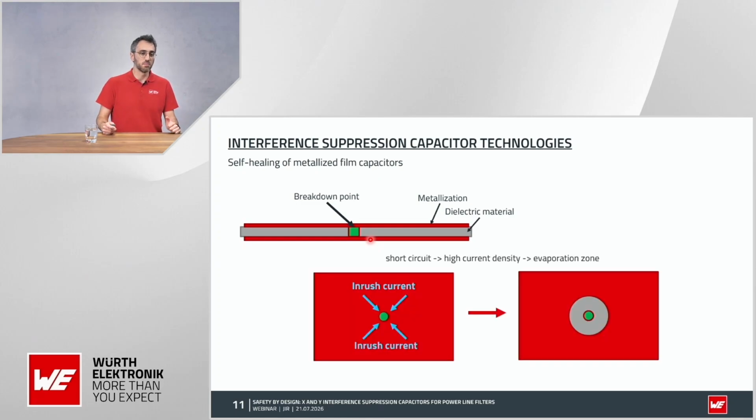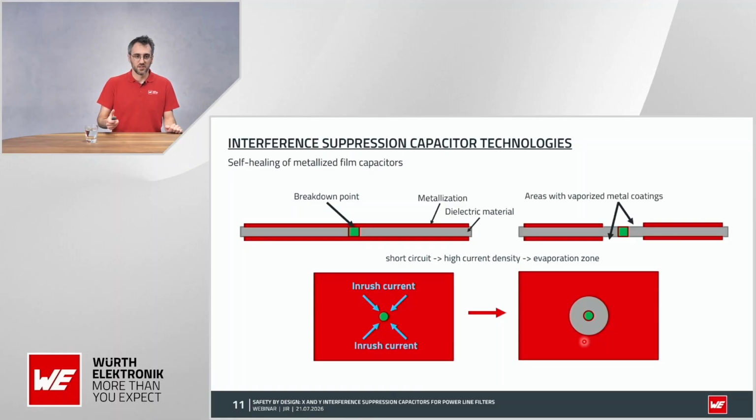inrush current will happen at this point, and this is a high density energy episode. In this spot, the dielectric film will evaporate and make a hole, and then the metallization, because it's very thin and very sensitive, we can imagine the whole area around the spot will also be vaporized, as you can see in this image.